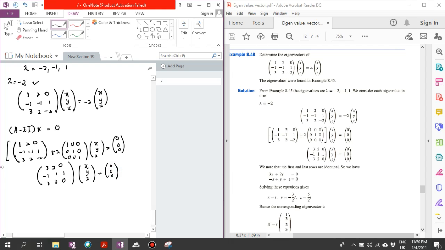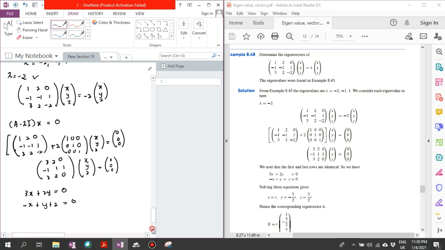From here we can solve each row. The first row gives 3x plus 2y equal to 0. The second gives -x plus y plus z equal to 0.